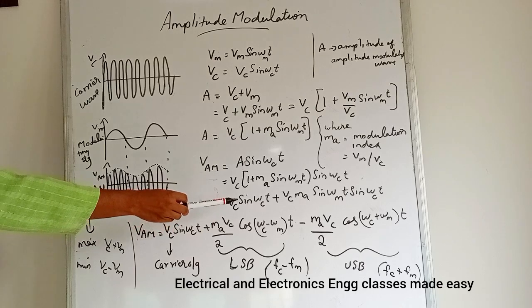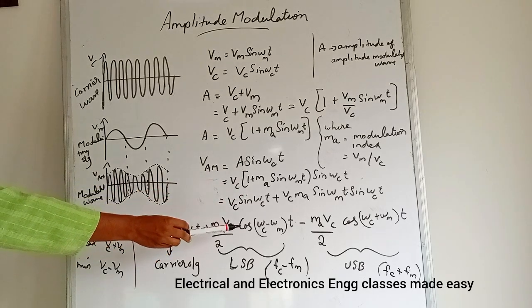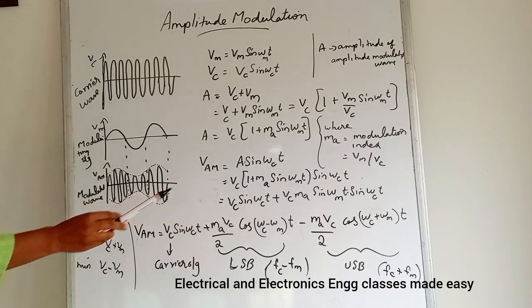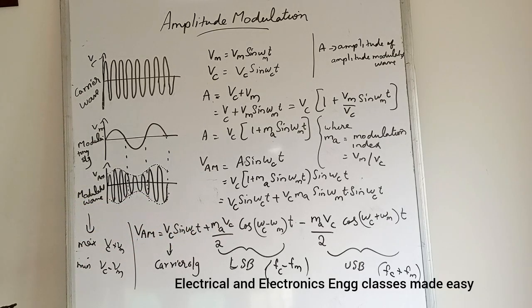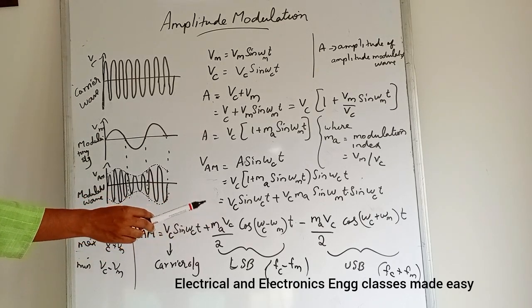And we know the identity sin A sin B is equal to cos(A minus B) minus cos(A plus B) divided by 2, or 2 sin A sin B is equal to cos(A minus B) minus cos(A plus B).